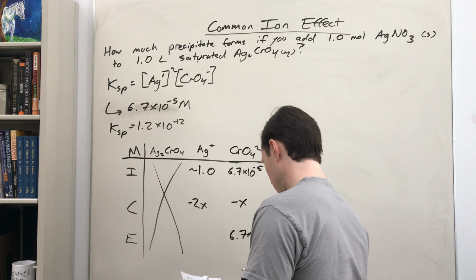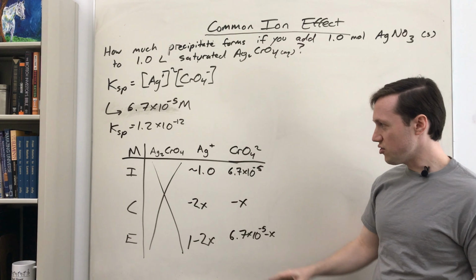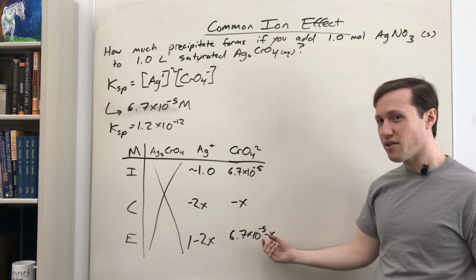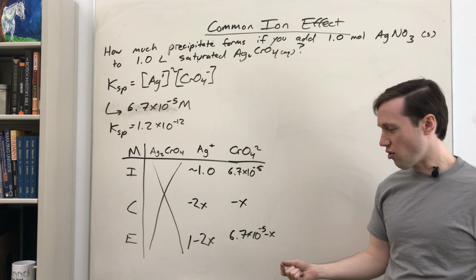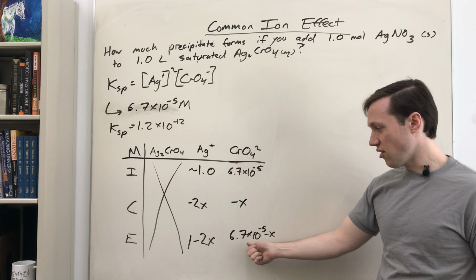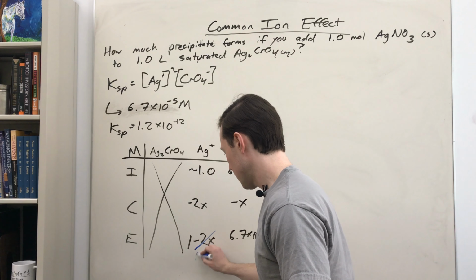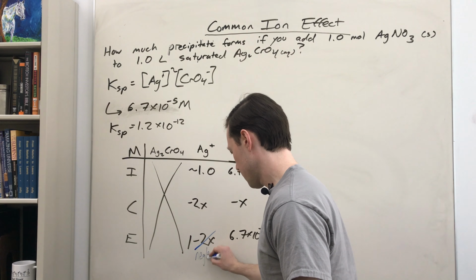Here's where we can be, again, a little bit clever about our math. We know that the largest amount of chromate that could go away would be all of it. That is, we can't wind up with a negative equilibrium concentration of chromate. So x cannot be larger than 6.7 times 10 to the negative 5. Thus, we can be truly confident that we can neglect that minus 2x in our silver case.